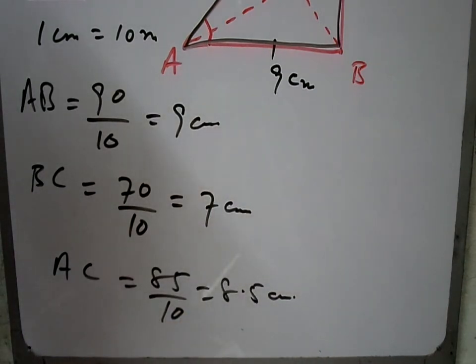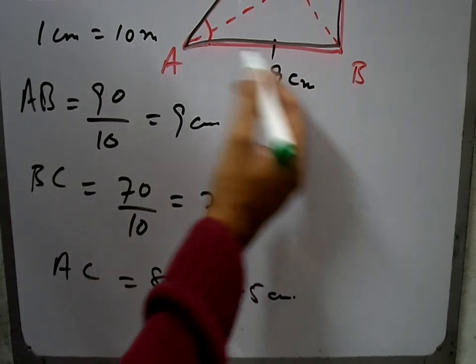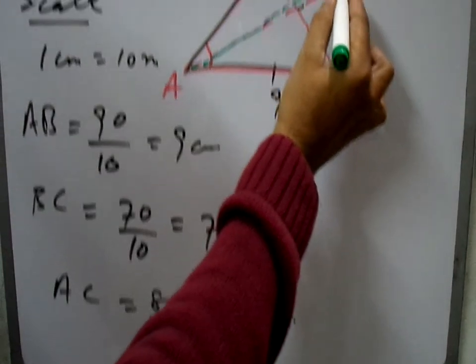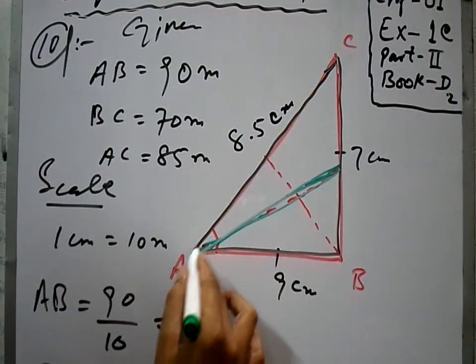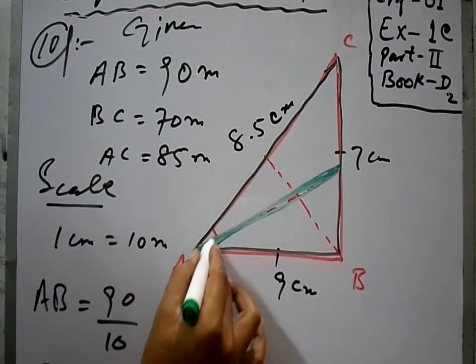So we have to find the actual distance from A to the midpoint of BC. Actual distance, that is your actual distance from A to midpoint of BC. That is your BC, we have to find the actual distance of this.